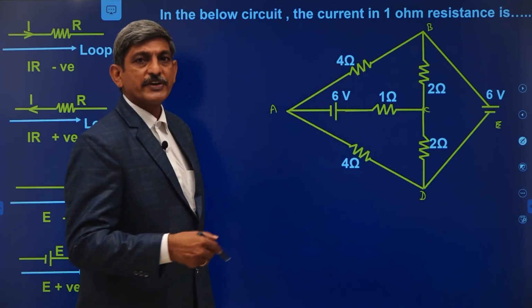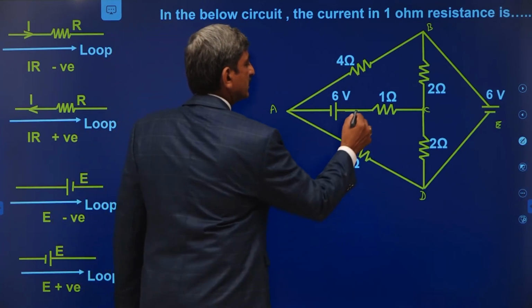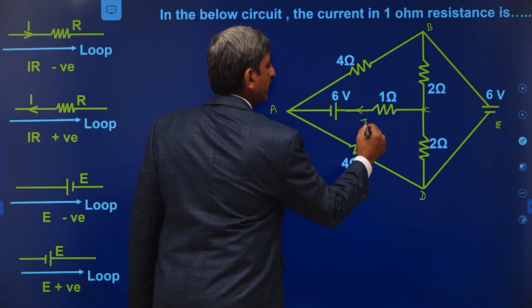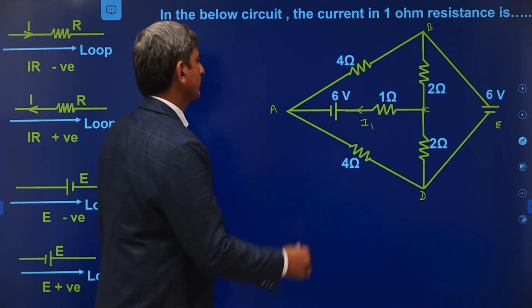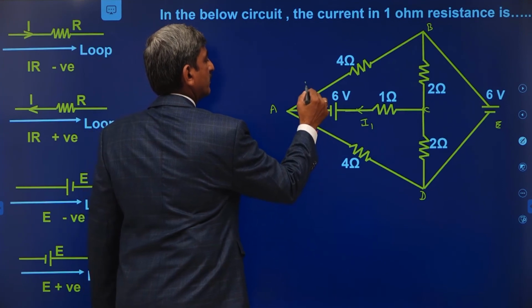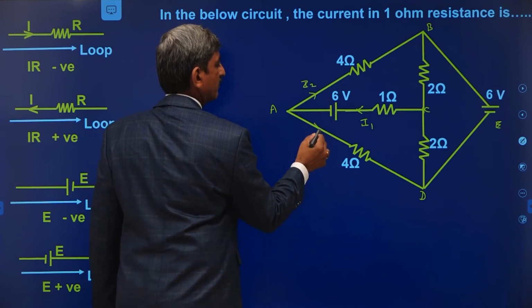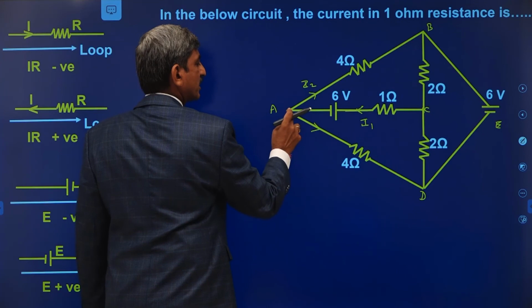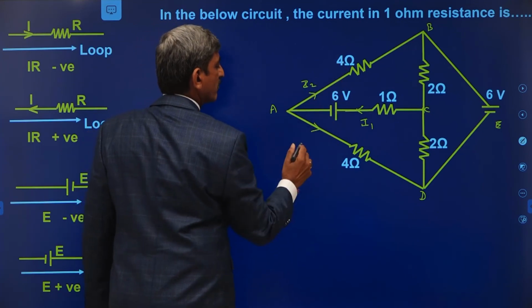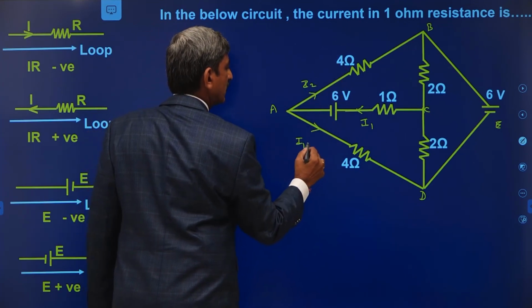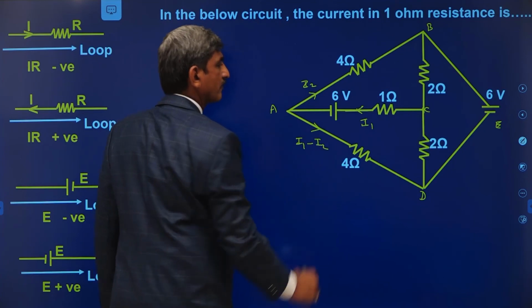Now let us assume the different currents in the different possible directions. Let it be I1. Let it be I2. Then what is this? I1 is coming towards the junction, I2 is flowing away from the junction, so it becomes I1 minus I2.